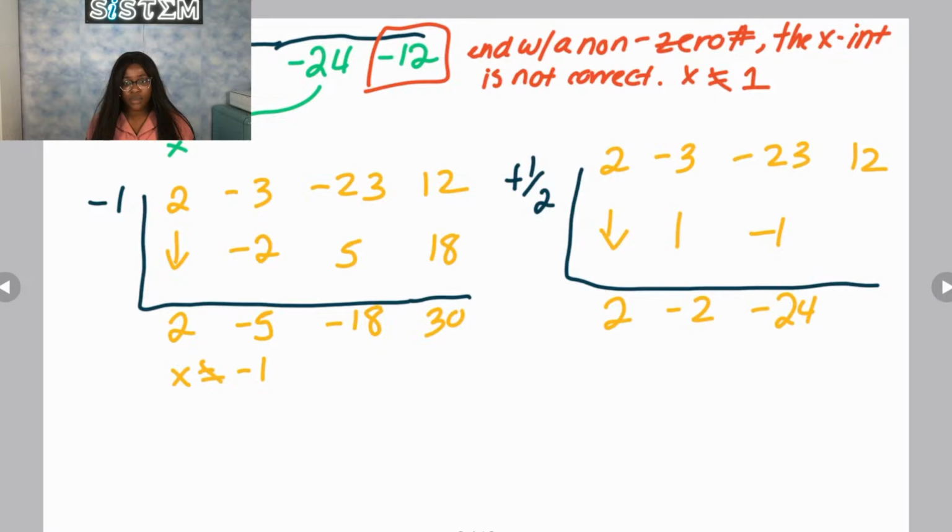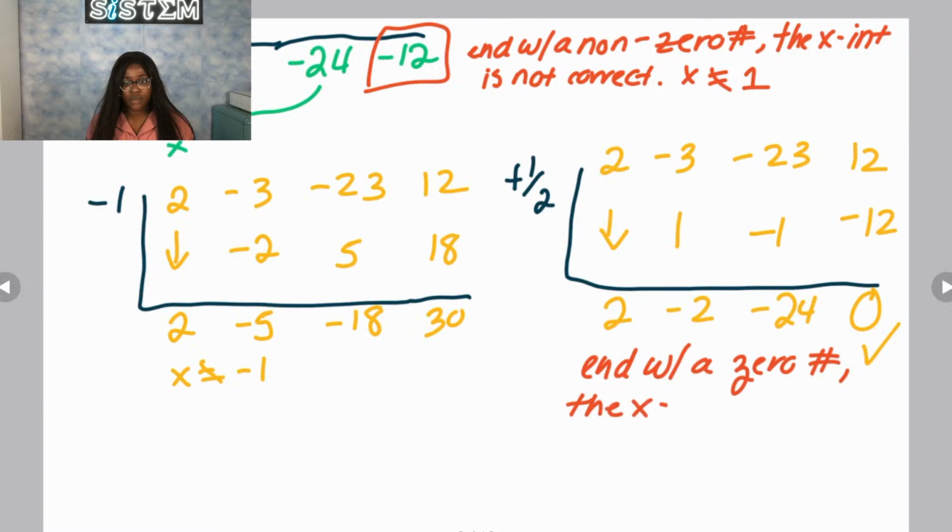We get -12. 12 plus -12 is 0. We finally have a 0. So if we end with a 0, the x-intercept is correct. Meaning, we can say that x does in fact equal 1/2. That is one of our zeros.